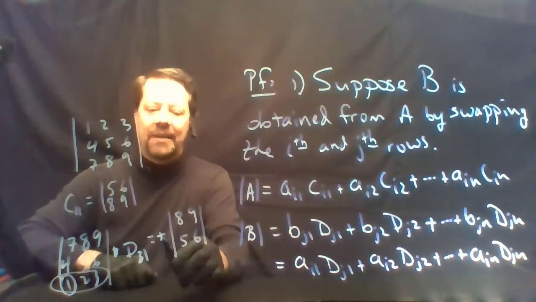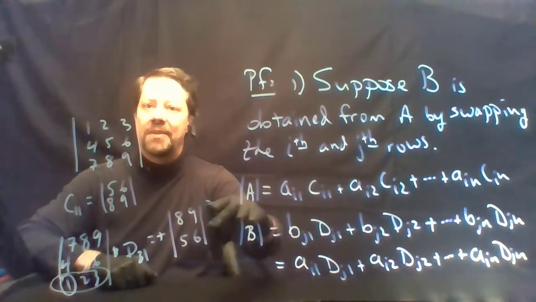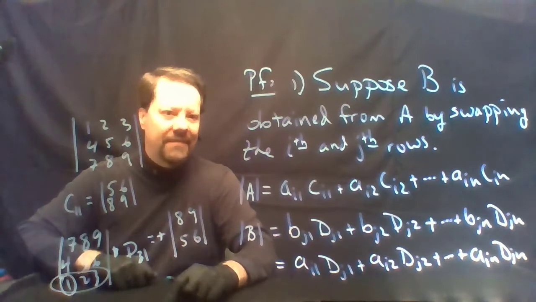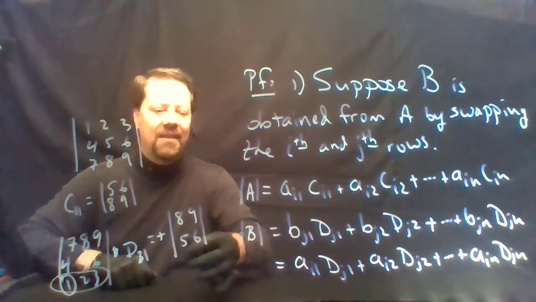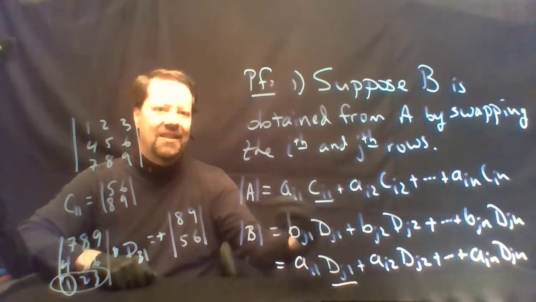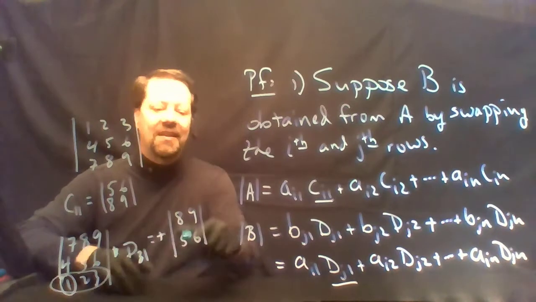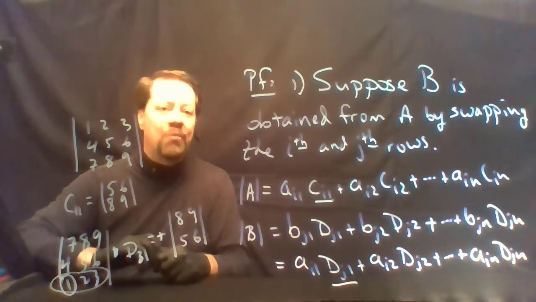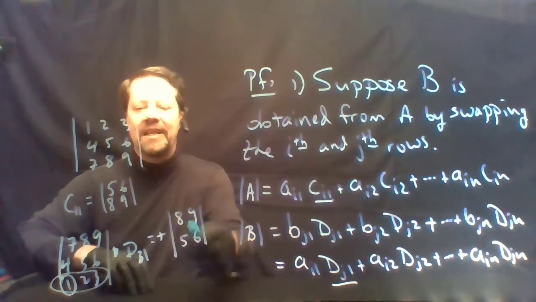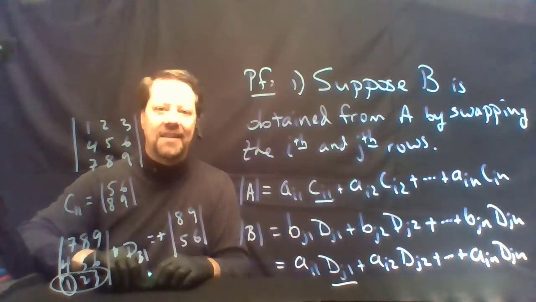So if you get a plus, then the rows are swapped. If we had a minus out front, then the rows were not swapped. Either way, you're going to get a change in sign between the Ci1 and the dj1. They're going to have opposite signs. Otherwise, they just have the same rows. The rows might be rearranged, but the only difference will be a plus or a minus sign.